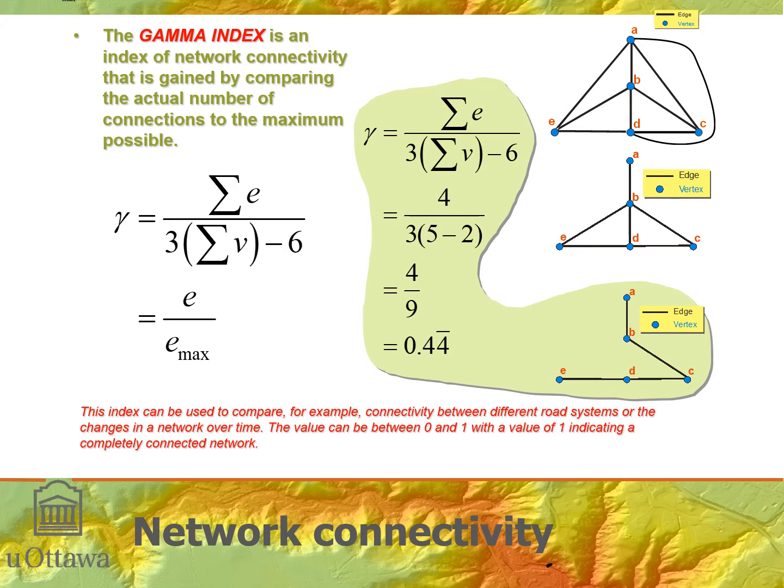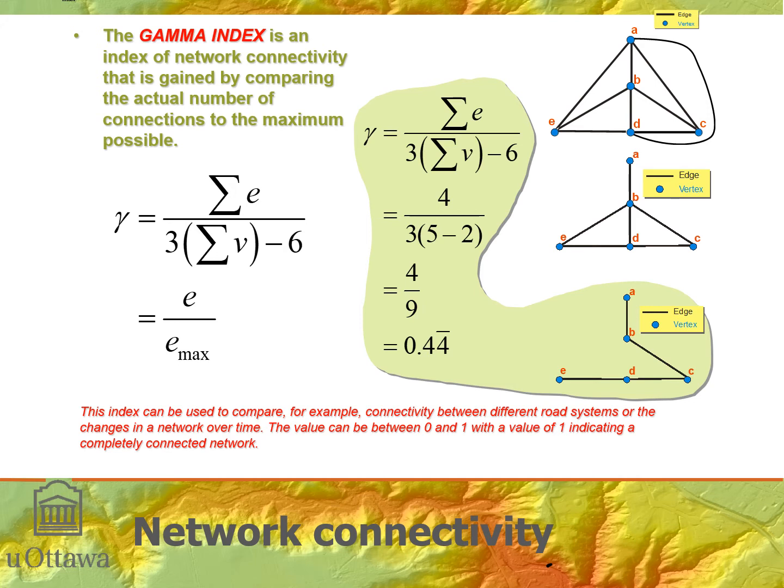That could be pickups and deliveries. So something that has a delivery that's near maximal connectedness has the opportunity to easily, along that network traversal, pick up parcels as well, because there's more opportunities for it to visit more places on the network.